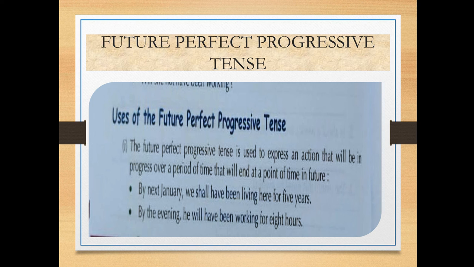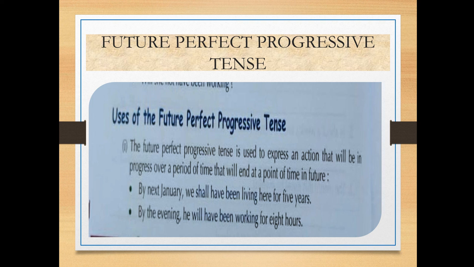Let's see an example. By next January, we shall have been living here for 5 years. So we are already living here, right? So the action is in progress. We have been living here for 4 years and a few months. So over a period of time, and that will end at a point of time in future.